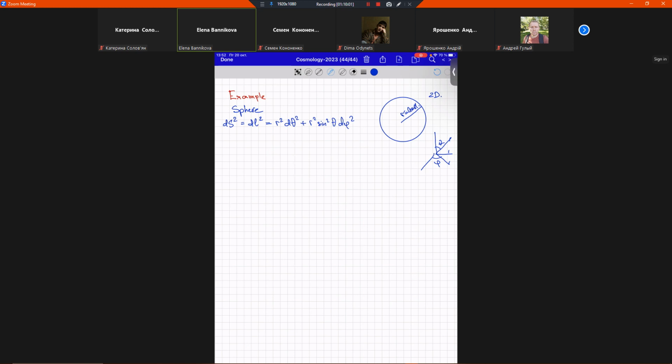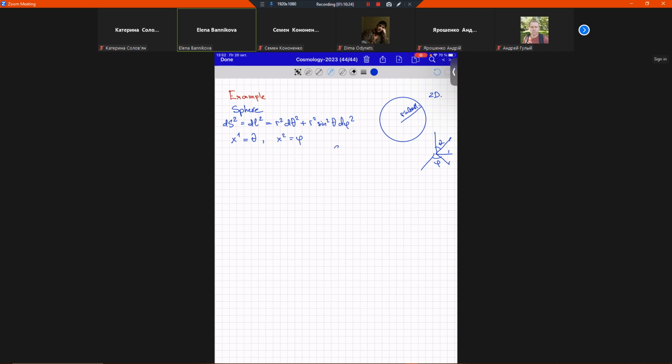And again, if you would like to find things related to the Christoffel symbols, the curvature tensor, we need first to put what is x1. So this is theta, and x2 is phi. We have two coordinates, two-dimensional space.